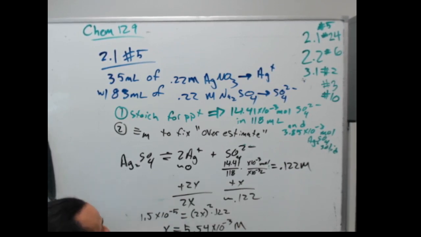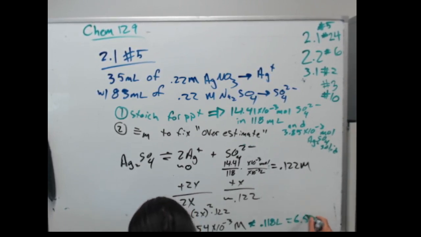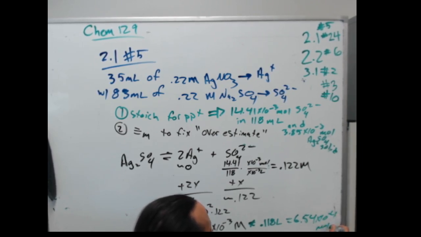I'm going to multiply by total volume, times 0.118. That's going to get me 6.54 times 10 to the minus 4 moles.